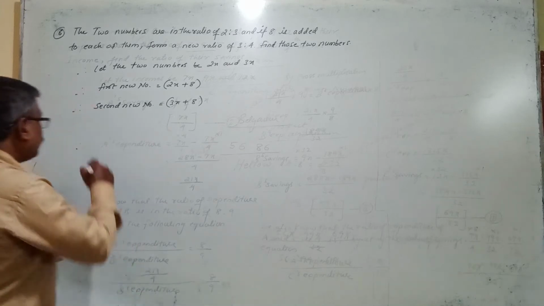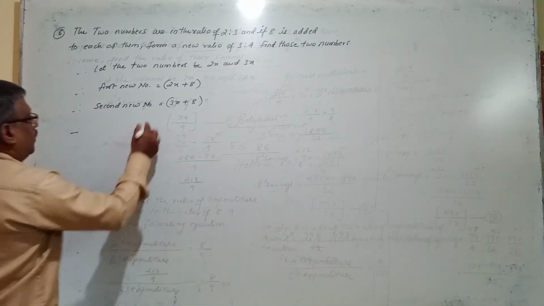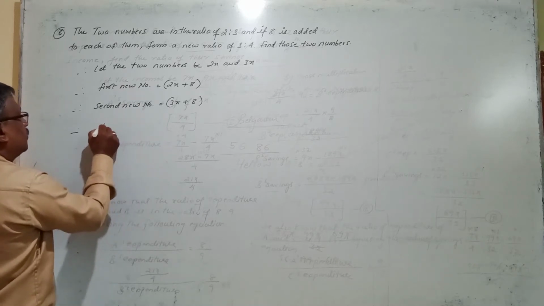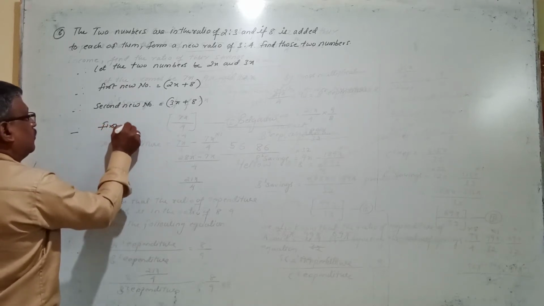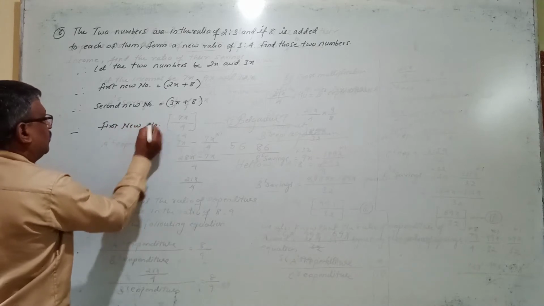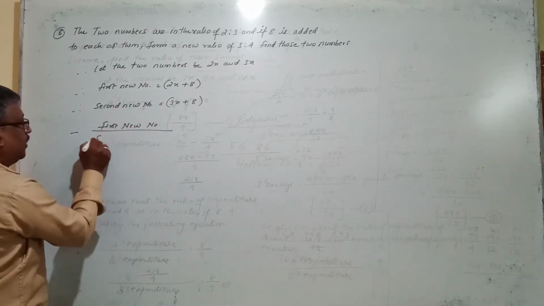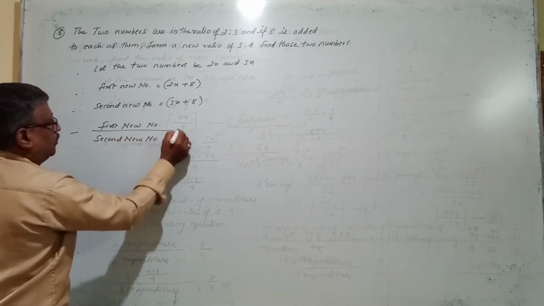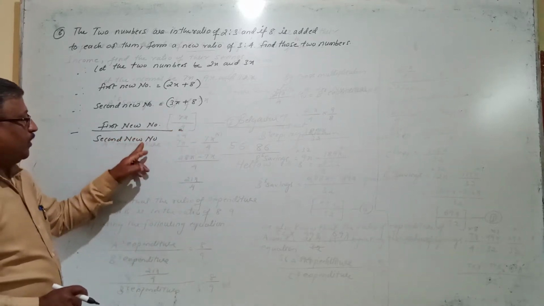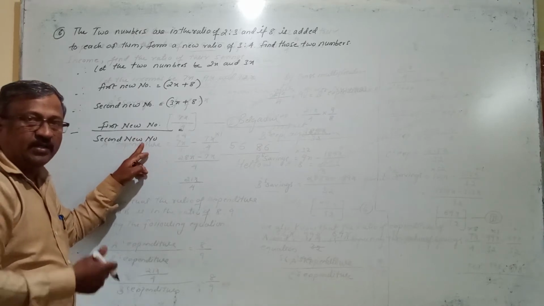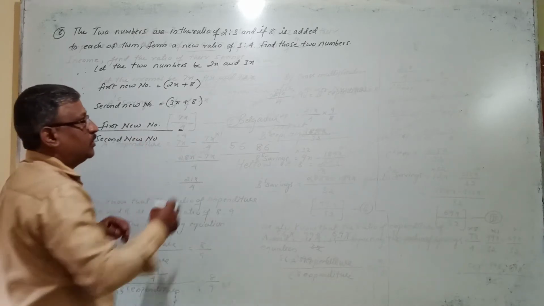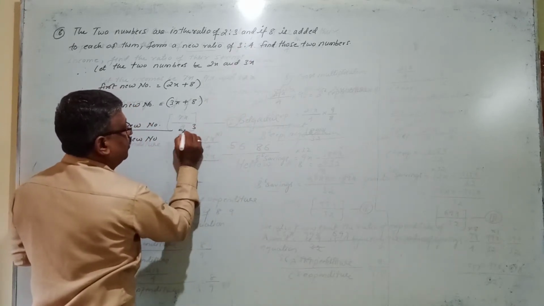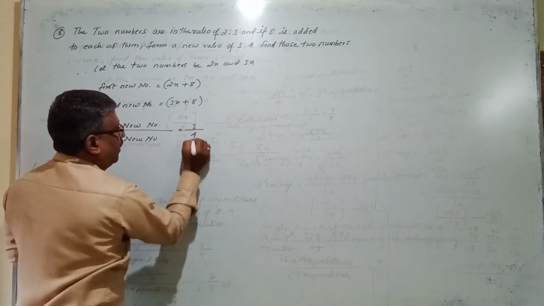So the ratio of those two new numbers must be equal to 3:4, or 3 divided by 4.